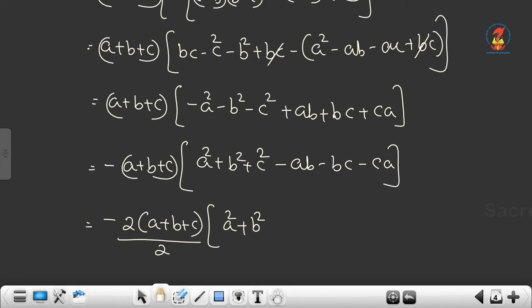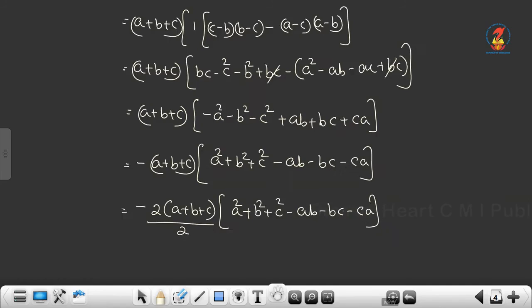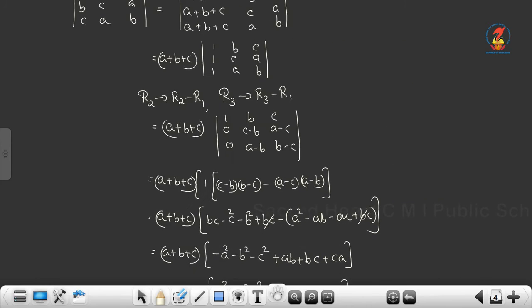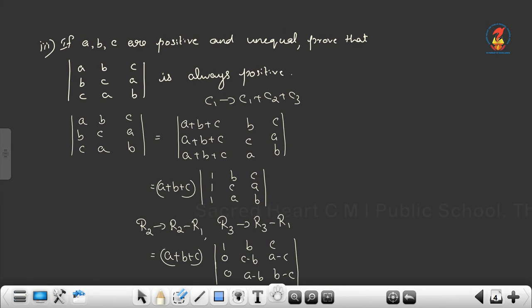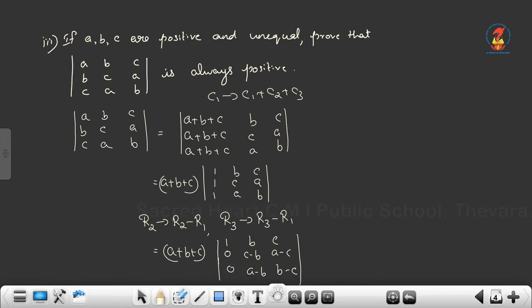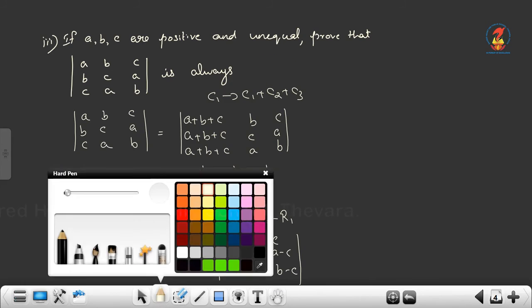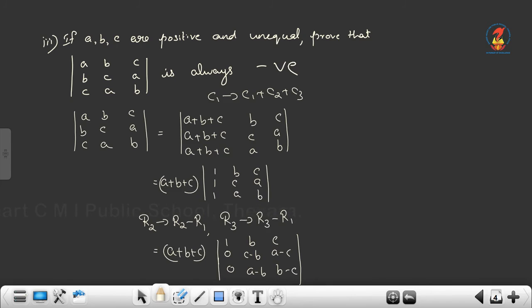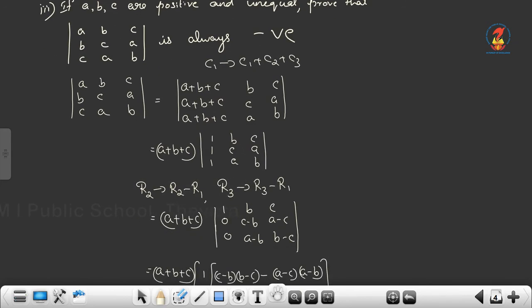We have to convert the second bracket in terms of perfect square. That is why we do this. Because look at the question once again. The question is, we have to prove it is always negative.